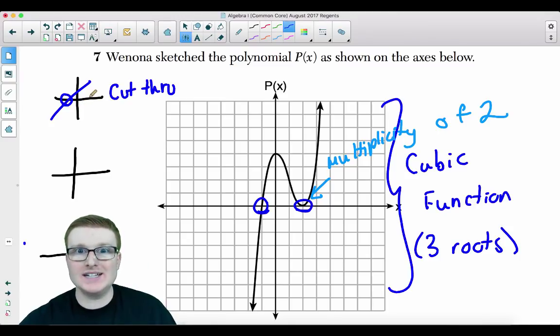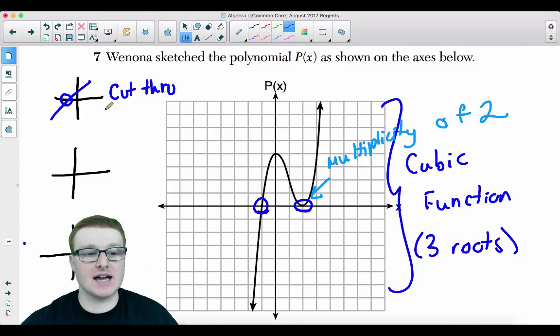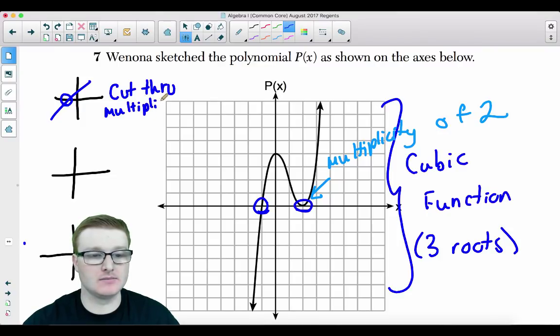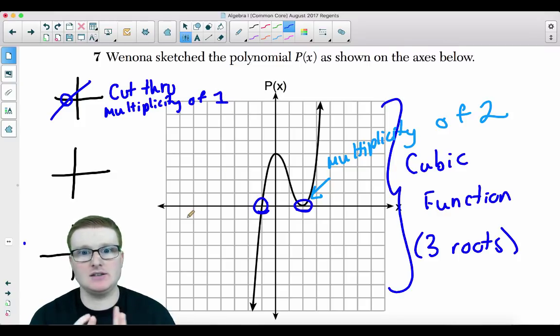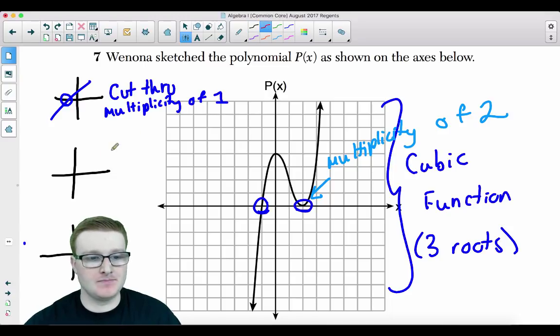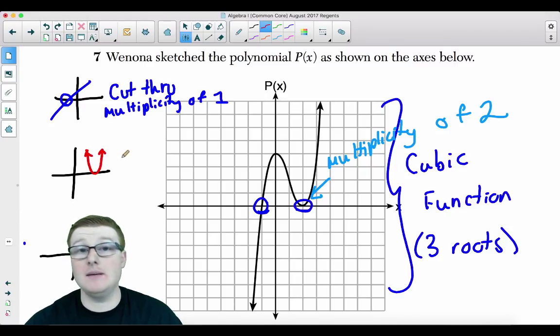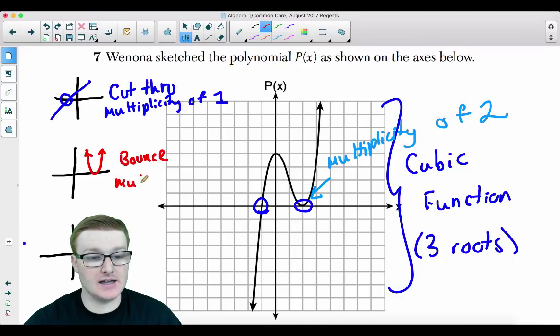Since there is one specific root, this has a multiplicity of 1. Meaning that is the root, that's it. There's no more than that, just that one root. Then all of a sudden, there's this thing called a parabola, and if it touches the x-axis or it does this little bounce, I call this a bounce, this has a multiplicity of 2.